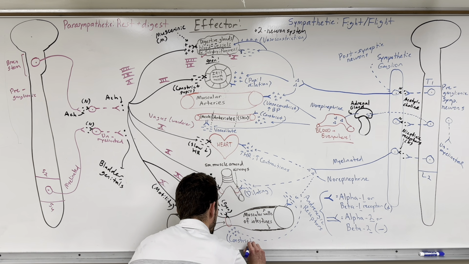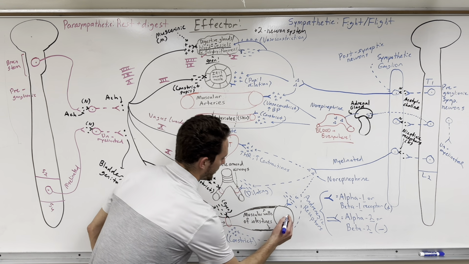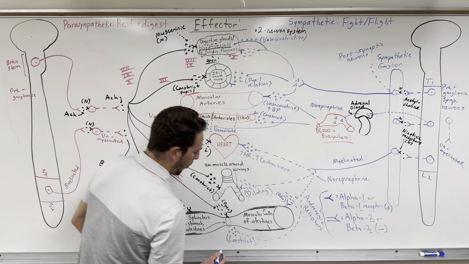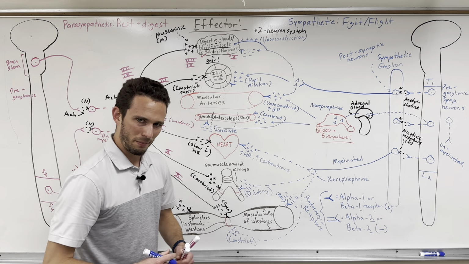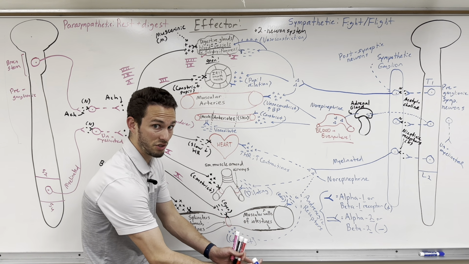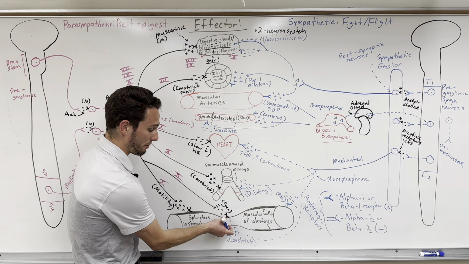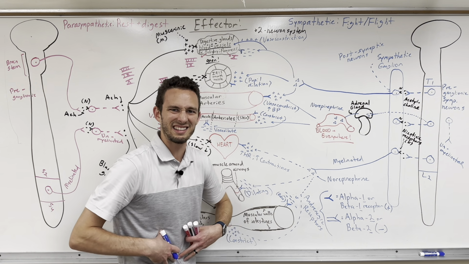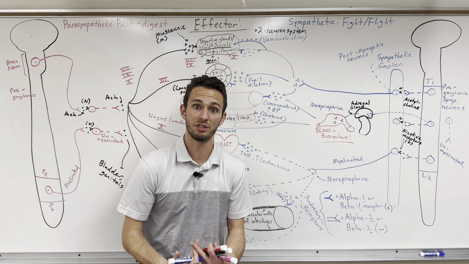Constrict the sphincters. And in the muscles, once again, we relax the muscles because we're not digesting. Why are we constricting the sphincters? Well, because if we're not moving the muscular walls, right, we don't want the food to go anywhere. So we're going to actually close up those sphincters, keep the food where it's at, and once again, that's one reason you kind of get that stomach ache when you are stressed.